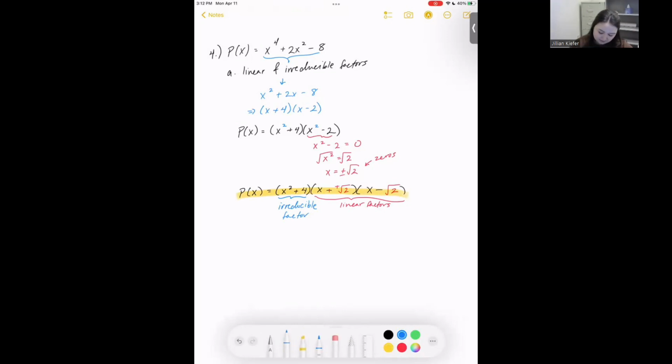Now, to do part B, all we're going to do is factor the x squared plus 4. Part B was that we wanted complex factors.